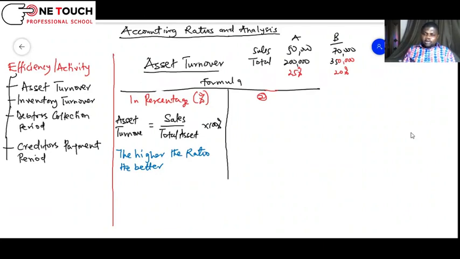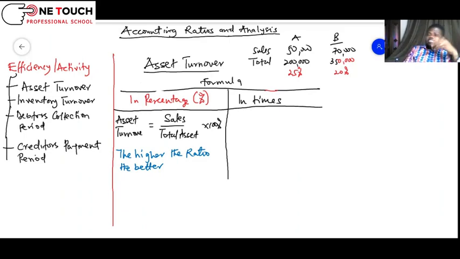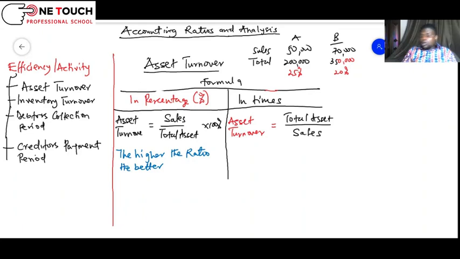Let's look at option 2. Option 2, we are calculating it in times. So when you go, you need to check the industrial average that has been given. Is it in times or is it in percentage? So in times, we are saying that asset turnover is equal to the total assets all over sales.